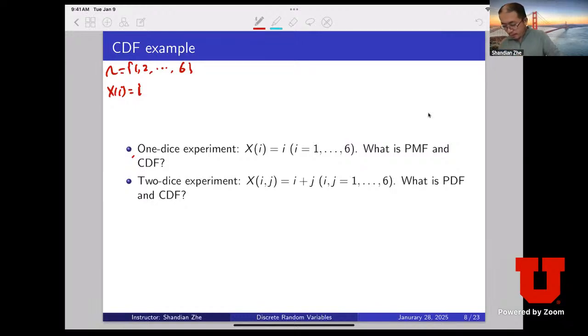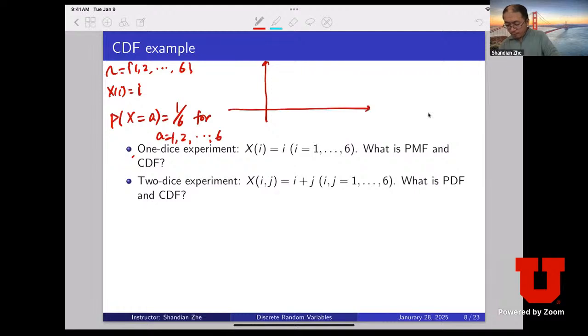So the PMF is straightforward. We got P_X of A equals 1 over 6 for A is 1, 2, 3 until 6. Does it make sense? So if we draw the figure of the PMF, it's A, right?